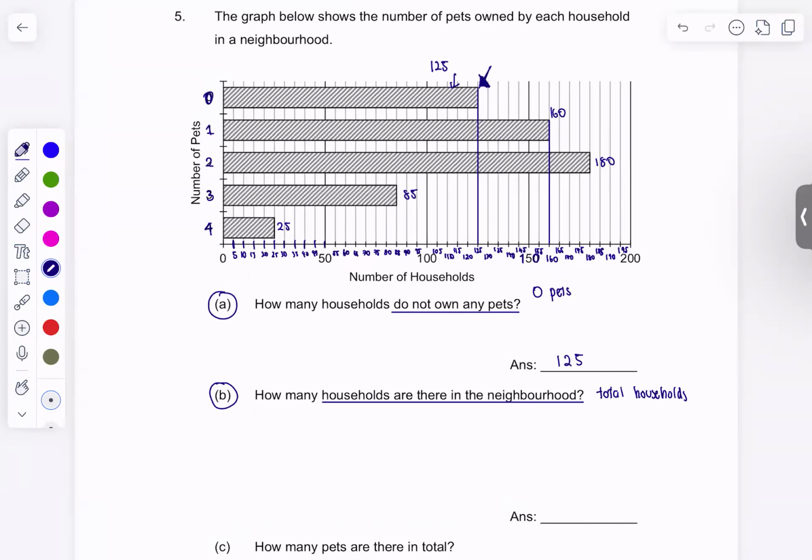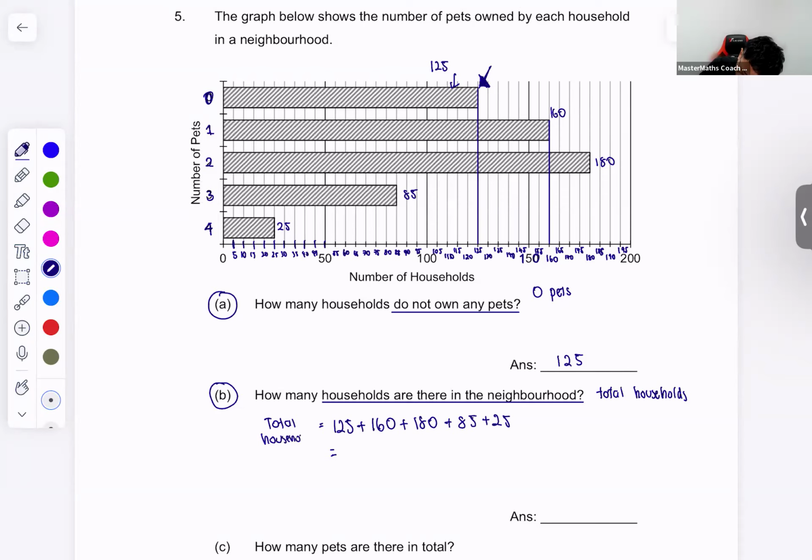So 125 plus 160 plus 180, plus what should I add next? 85 and 25. So this is the total households. Can you help me do the addition?